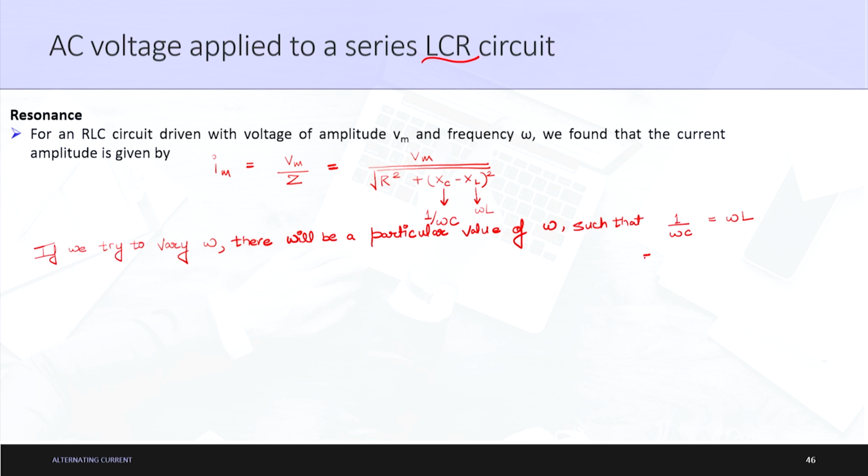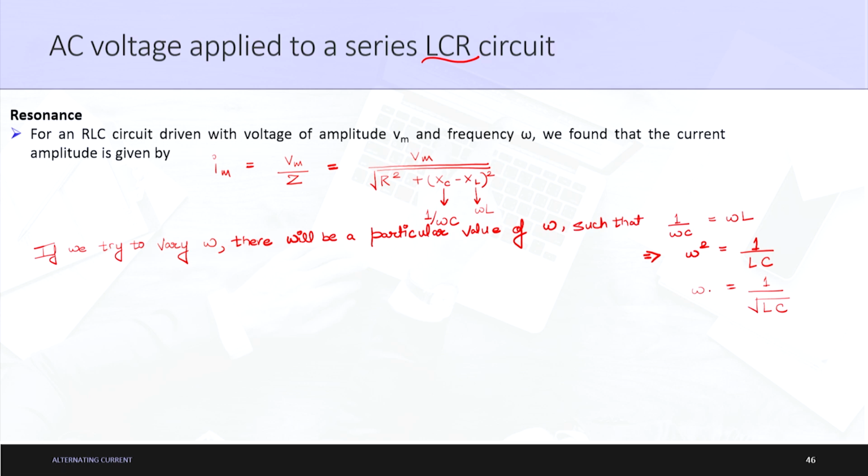If you do the mathematical analysis further, we get omega square equal to 1 upon LC, or we can write omega is equal to 1 upon root over LC, correct.